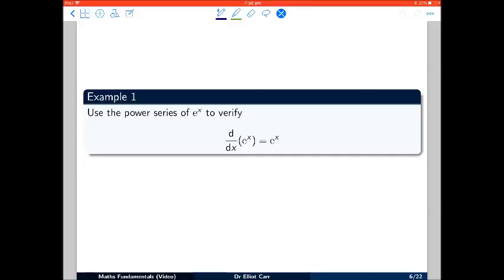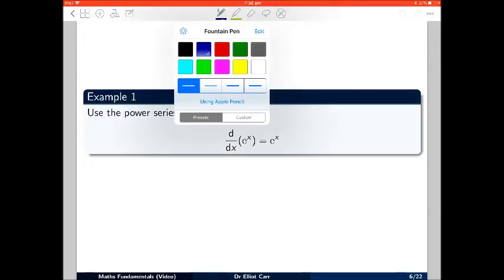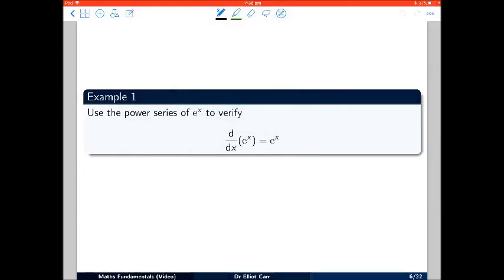Okay, so remember we have e to the x is equal to 1 plus x plus x squared on 2 factorial plus x cubed on 3 factorial plus ... Now I'm going to differentiate each individual term of this series.